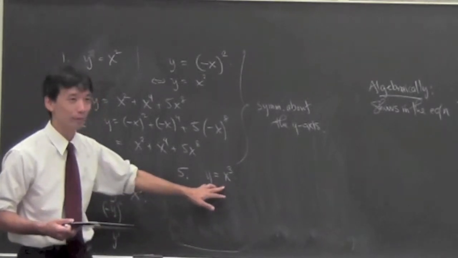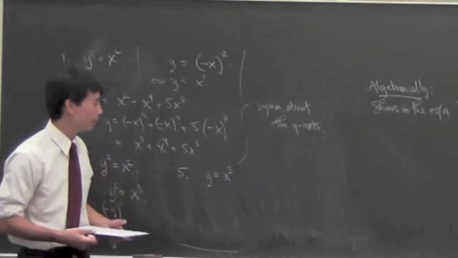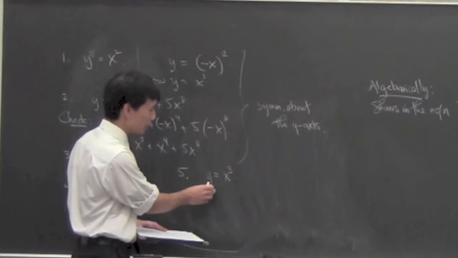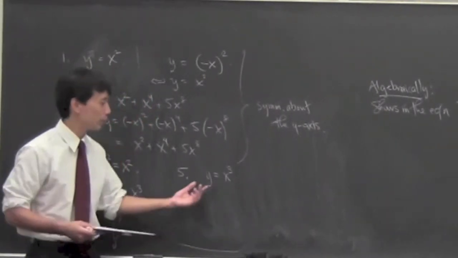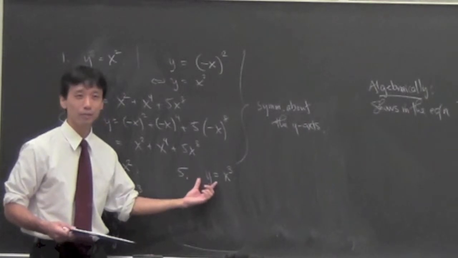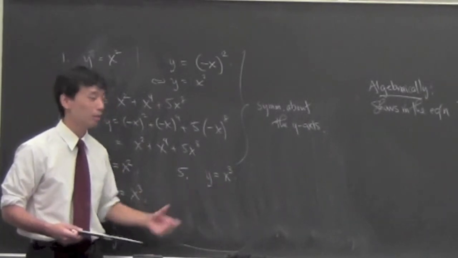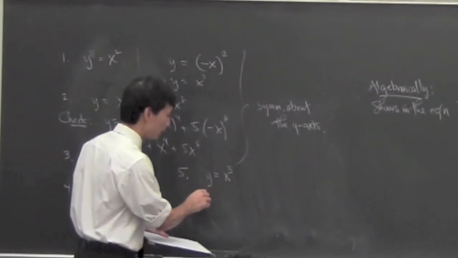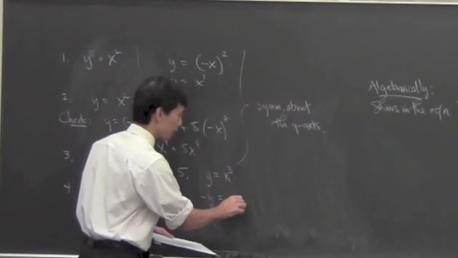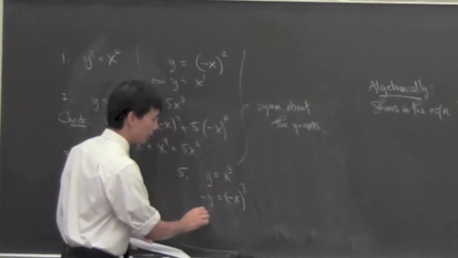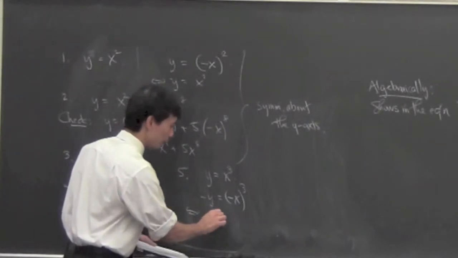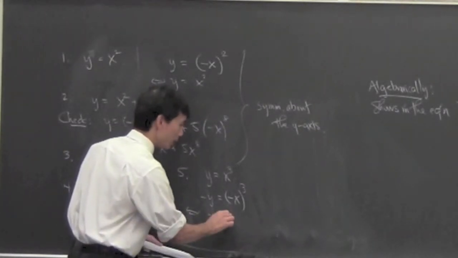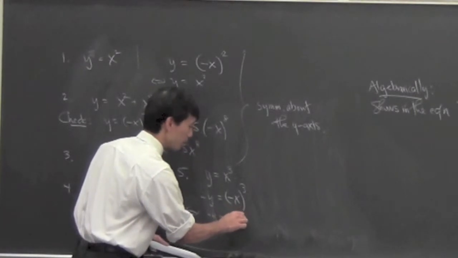And here's an example of how it's not true. This guy, is it symmetric about the x or the y? No, because when you replace things by negatives, the equation changes. But if you replace both of them by their negatives, well, you end up with negative y equals negative x cubed.